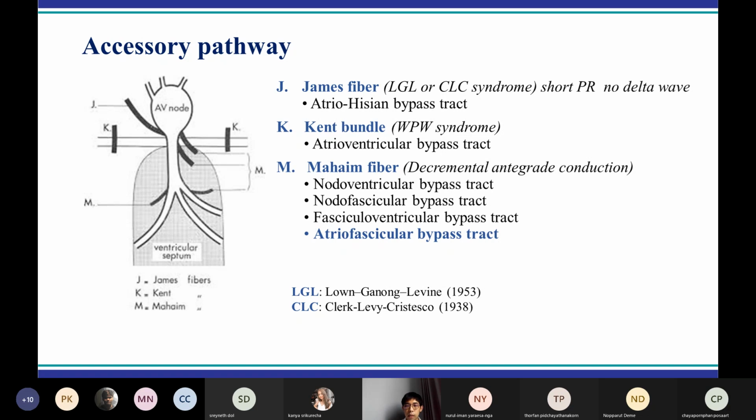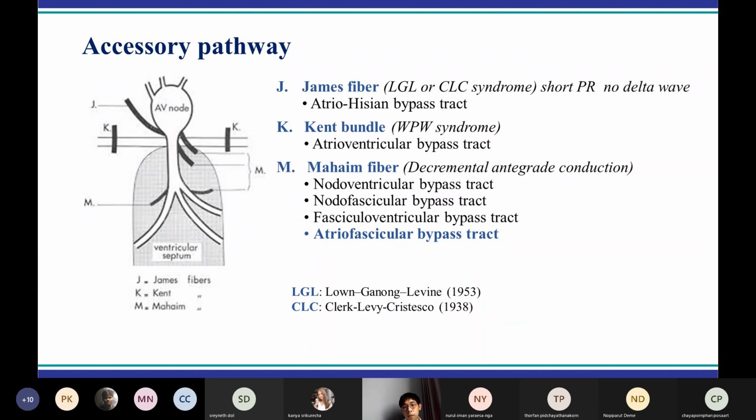Mahaim fiber, or a decremental anterograde conduction pathway, was described and it is a subset of nodoventricular, nodofascicular, fasciculoventricular, and atriofascicular bypass. There are other accessory pathways that were described, like Lown-Ganong-Levine and Clerc-Levy-Cristesco.